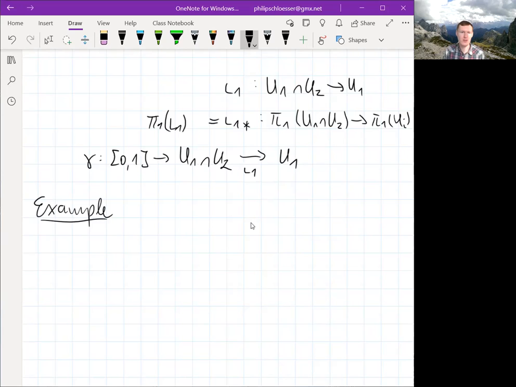By the way, we call a space simply connected if its fundamental group is the trivial group. So one example would be we can write the sphere as a union of two hemispheres, northern and southern hemisphere.